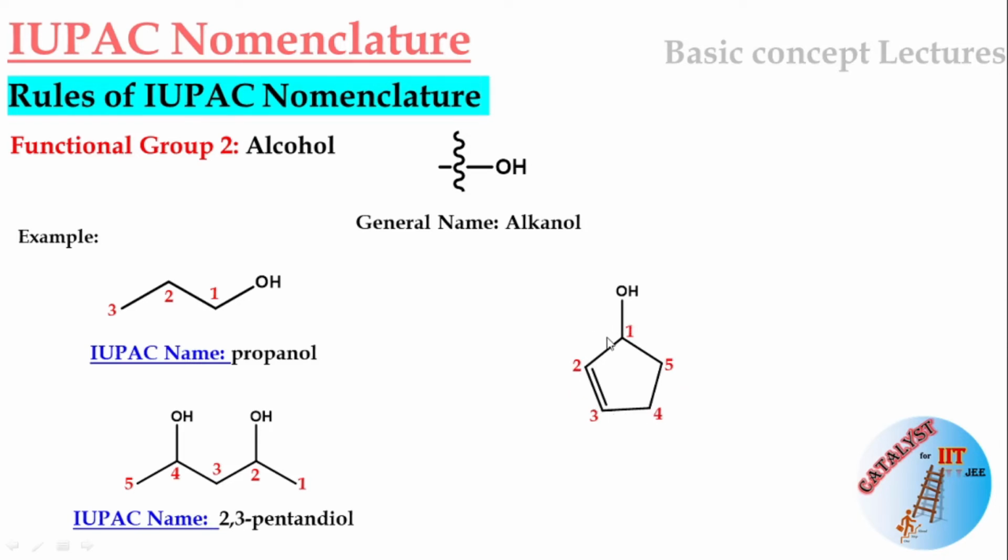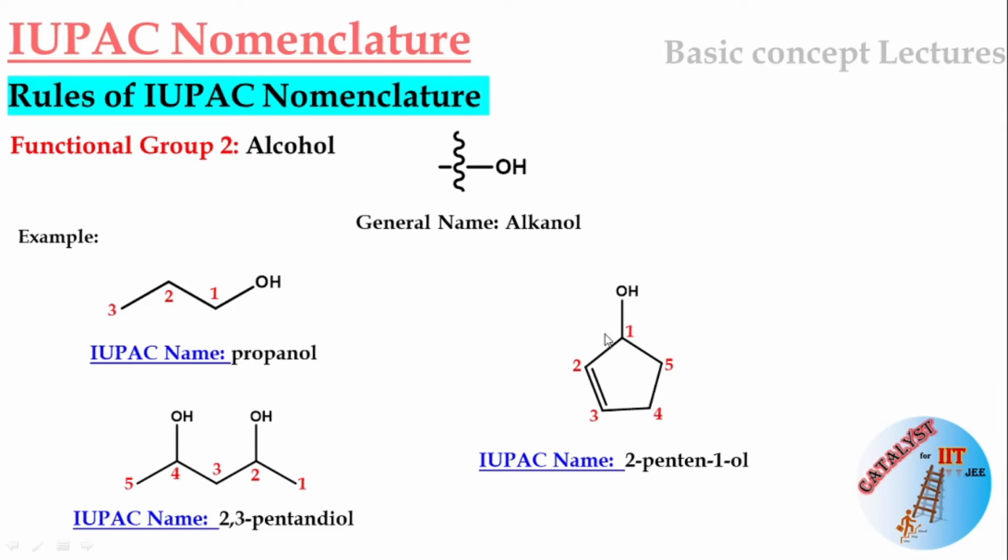So that's why this is the correct representation of your parent chain, and the IUPAC name is 2-pentene 1-ol. So why did I write this 2 in front of this name? Because of the rule that I taught you previously. So 2-pentene because this double bond is present, 1-ol because this OH is present on your first position.